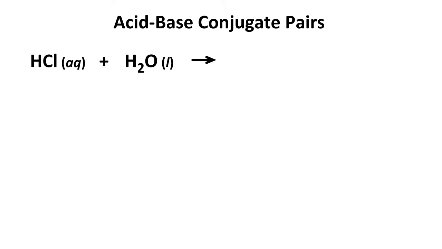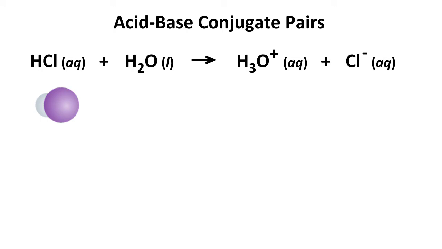And to do that, we'll introduce a concept known as acid-base conjugate pairs, and let's look at this first with just the acid HCl, but in aqueous solution. So HCl with H2O makes H3O+ and Cl-. We have seen this already. And if we look at things on a molecular level, HCl is a hydrogen atom bonded to a Cl atom.